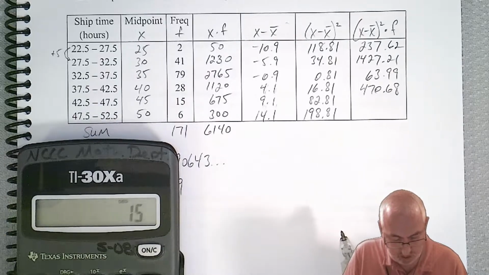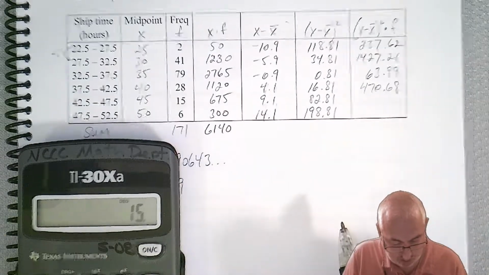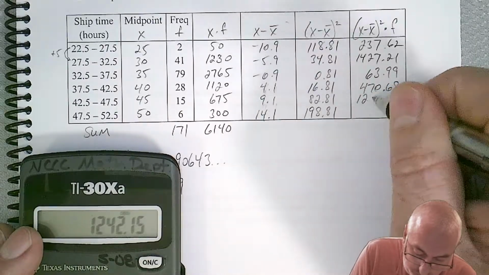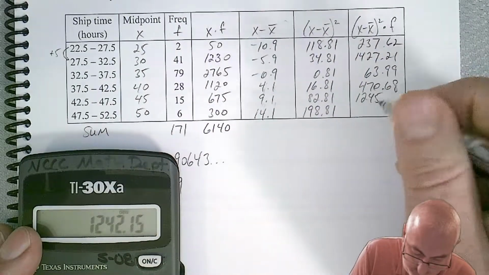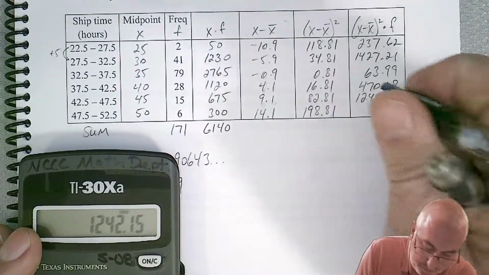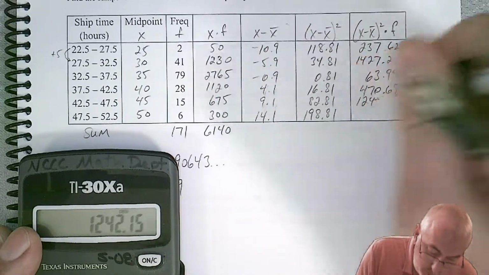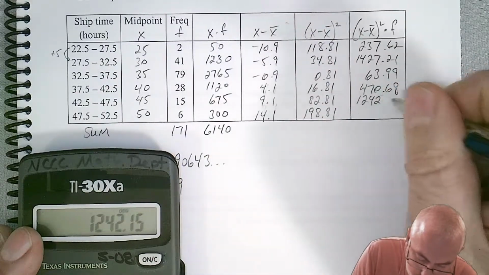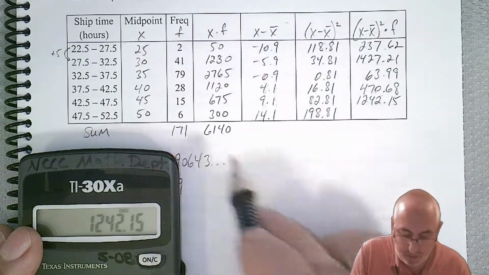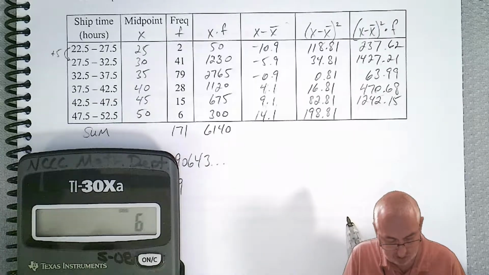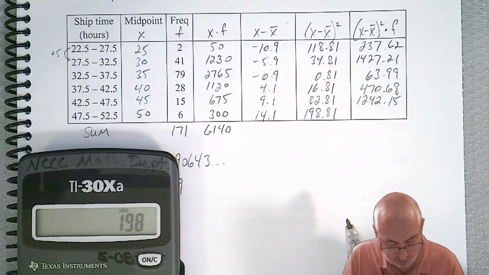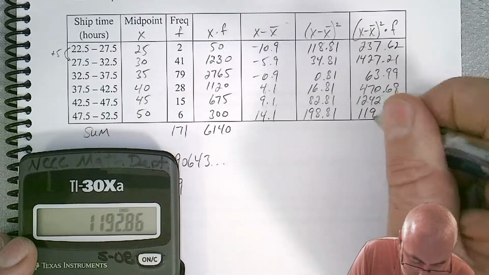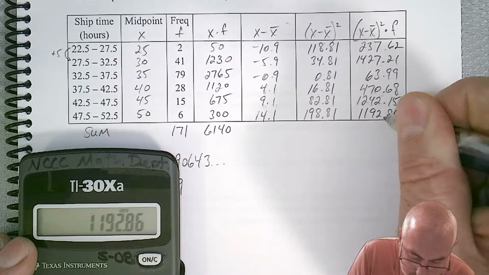Okay, 15 times 82.81. 1242.15. And then the last one, 6 times 198.81. 1192.86.